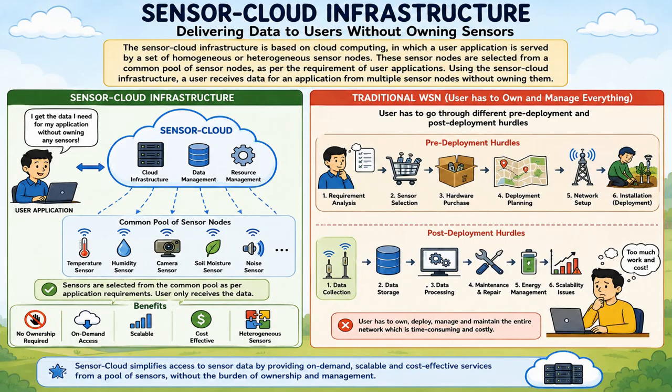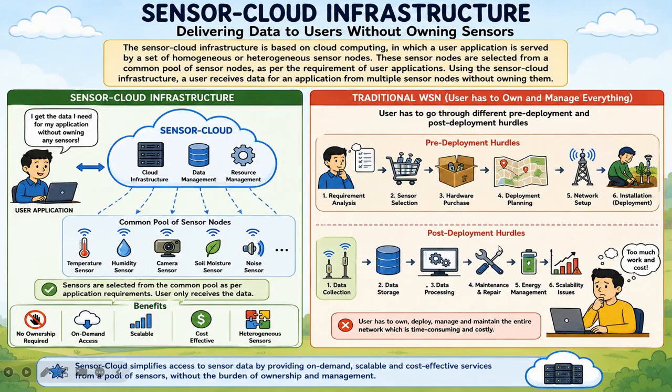So here the sensor cloud infrastructure reduces the burden on users by providing sensor resources as a service through cloud computing, and here users only focus on their applications and the data requirements.